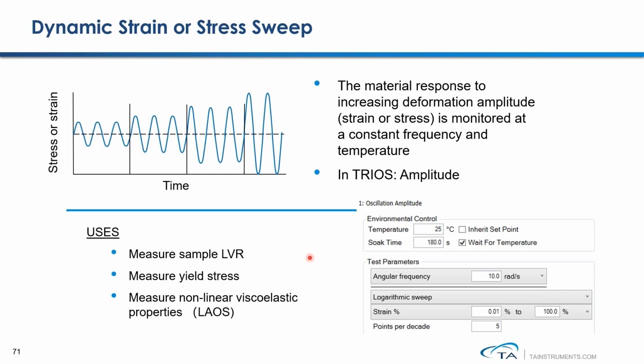For a more experienced rheology user, a strain sweep test is also used to measure the nonlinear viscoelastic property of a sample. That procedure is called LAOS, Large Amplitude Oscillatory Shear test. Since that measurement is a more advanced procedure, it is not going to be covered in detail in this course.